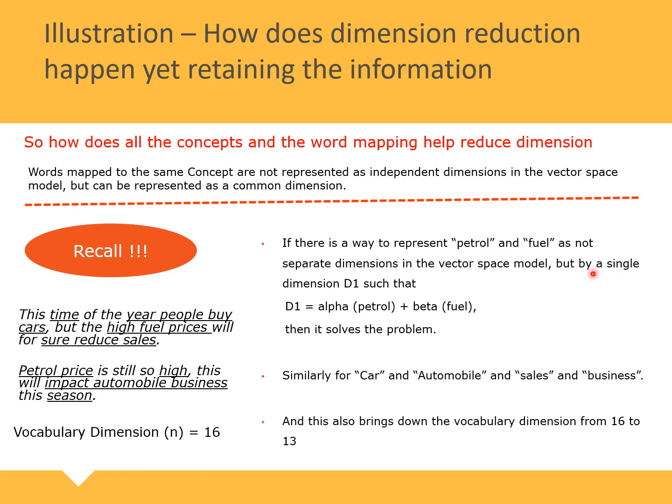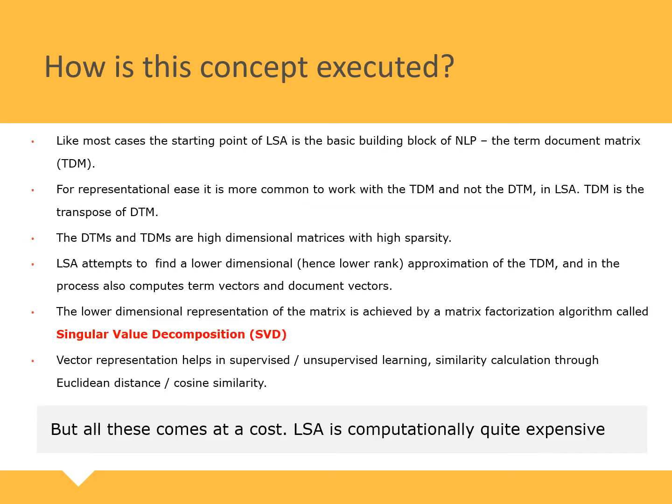Then they will be combined together, and the concept here will be fuel price and its impact on car sales. So it combines a lot of dimensions together and gives you one single context, which is one single dimension, and thus achieves dimension reduction.